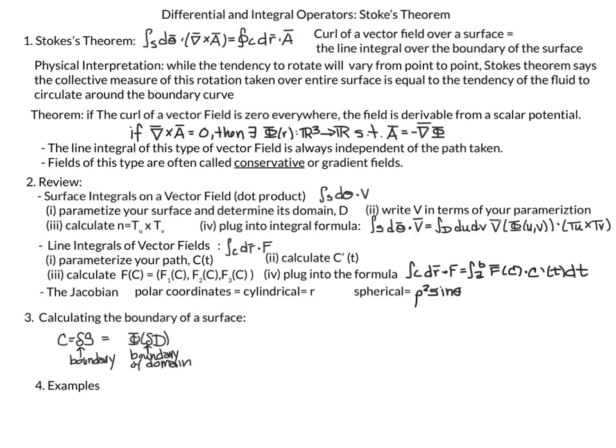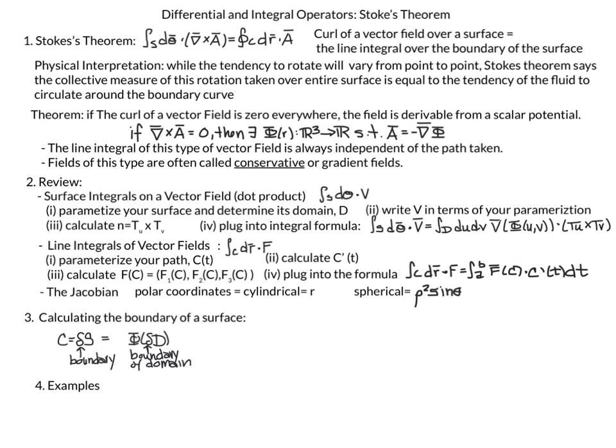To review what we have covered in this video, we have considered Stokes' theorem, which relates the surface integral of the curl of a vector field to the line integral when the curve for the line integral is the boundary of the surface. The next thing we did is we looked at this theorem that said if the curl of a vector field is 0 everywhere, the field is derivable from a scalar potential.